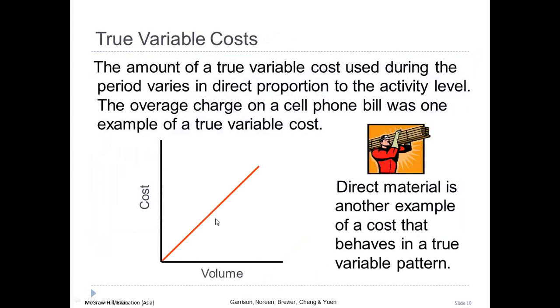All right, moving on. So the amount of true variable costs used in the period depends directly upon the amount of usage, or the amount, it varies directly according to the activity level. And accountants always use a time period. So the most common type of time period tends to be a month.